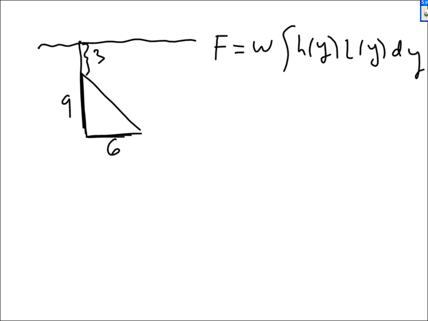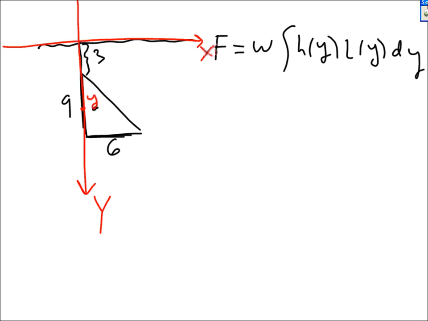That is, if I pick that arbitrary point, how deep is it? Well, if I call this the x-axis, and I call this the y-axis, and down here, I call that positive y, well then that height is y.